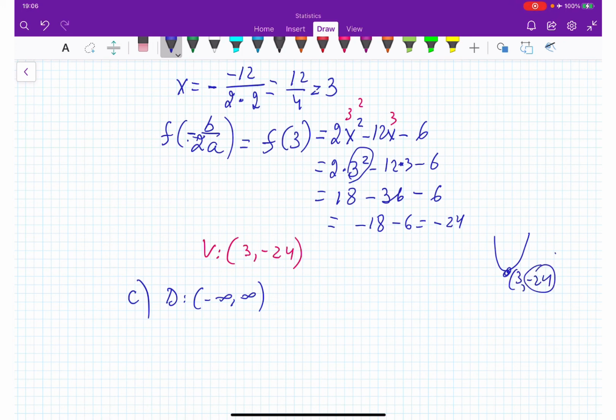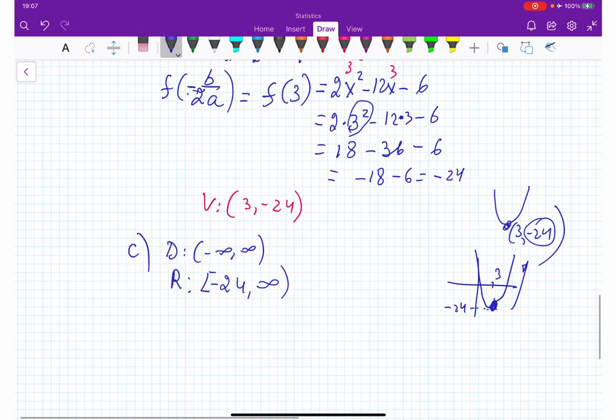The range is going to be from negative 24 up to positive infinity, right? Why? Because if this is my graph, let's say this is 3, this is negative 24, and the graph goes here. My y is going to go from here up, right? So it's going to be from negative 24 to positive infinity.